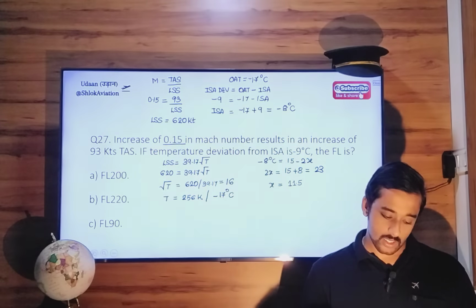So the closest option is 20,000, 22,000, flight level 900.